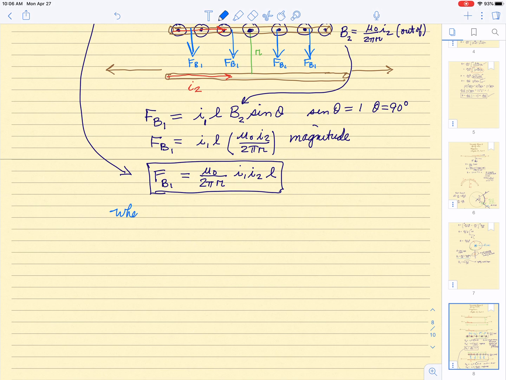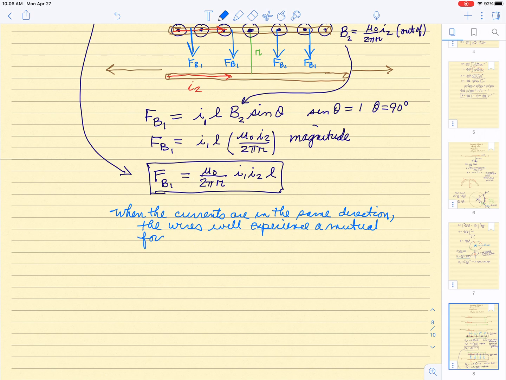So when the currents are in the same direction, the wires will experience a mutual force of attraction.